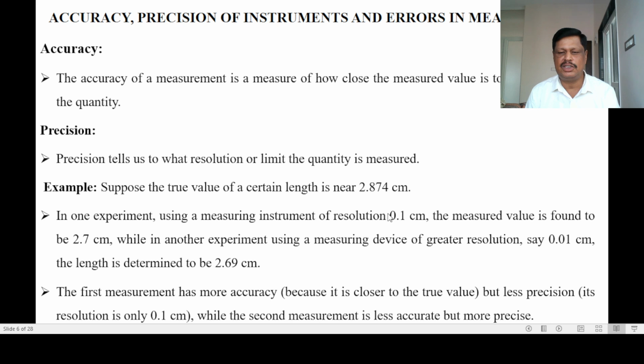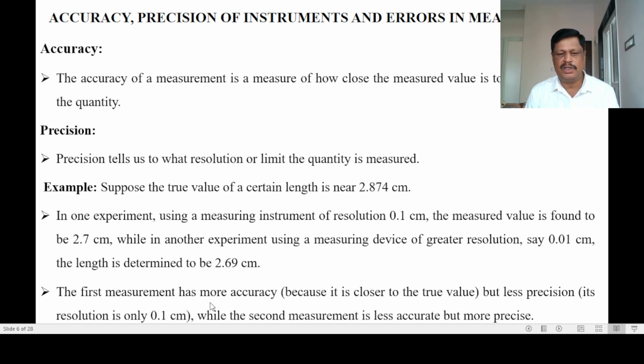Here with the first instrument, the resolution is only 0.1 centimeter. The second experiment, with high resolution of about 0.01 centimeter, the length is determined to be 2.69 centimeter, up to 2 decimal points.